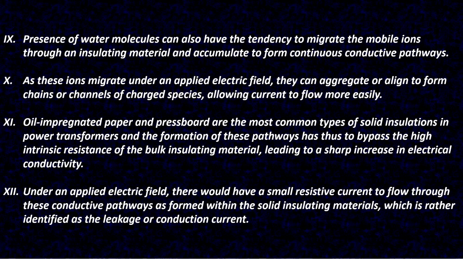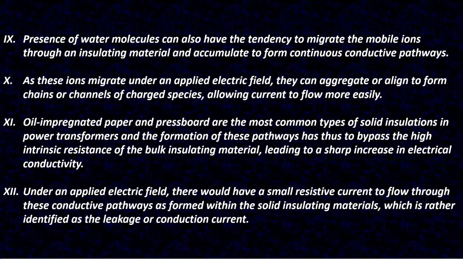Oil impregnated paper and pressboard are the most common types of solid insulations in power transformers, and the formation of these pathways has thus bypassed the high intrinsic resistance of the bulk insulating material, leading to a sharp increase in electrical conductivity.